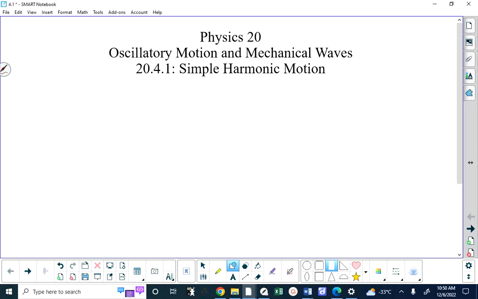If I move the pendulum over and let it go, we have a periodic motion. It repeats. It goes back and forth and back again. This type of periodic motion is sometimes called oscillatory motion. And in this unit, we're looking at oscillatory motion and what are called mechanical waves.